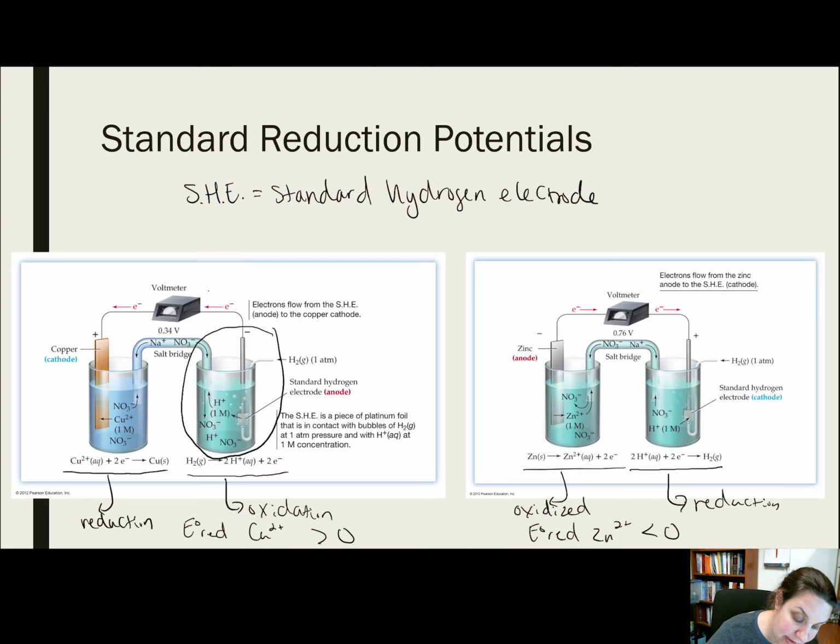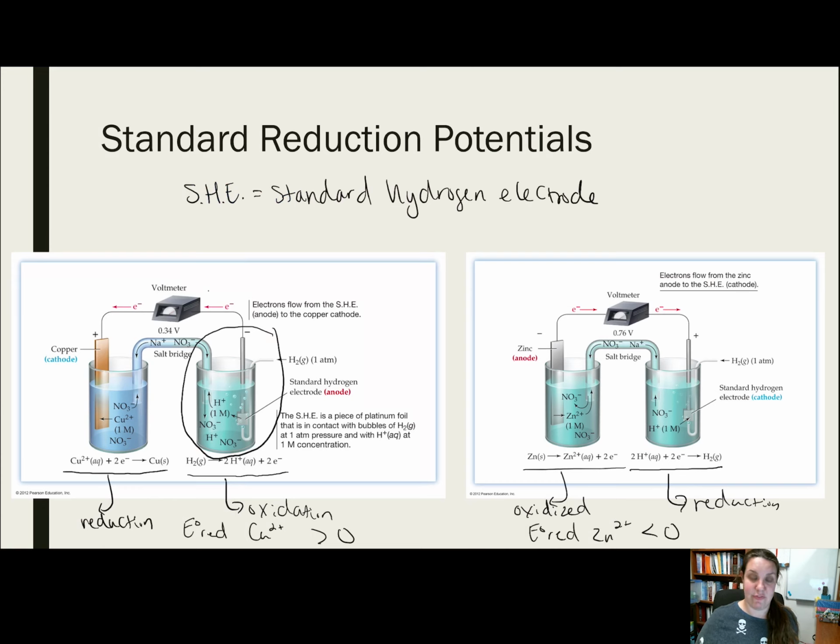If we combine these two equations, Cu2+ plus H2 going to Cu solid plus 2H+, the overall cell potential here is equal to 0.34 volts.